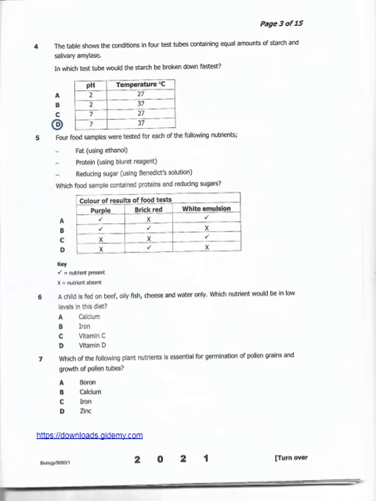So for proteins, the reagent turns purple, and for reducing sugars it has to turn red or brick red.